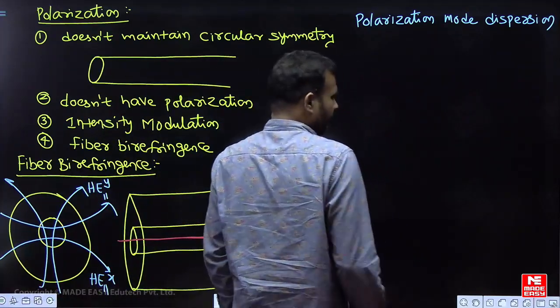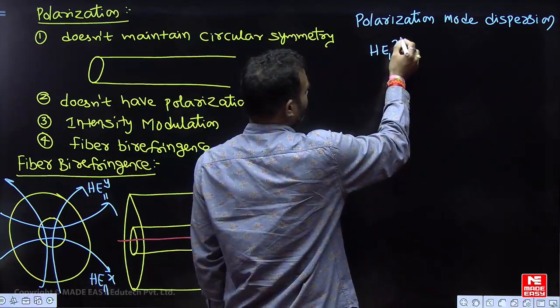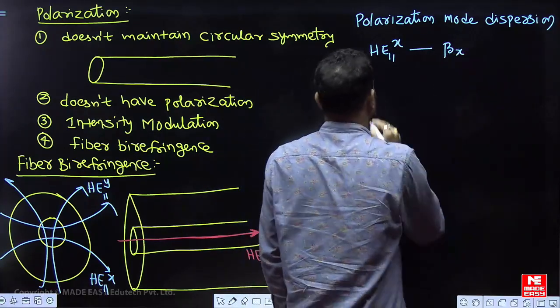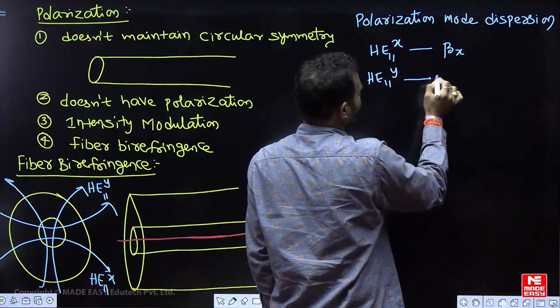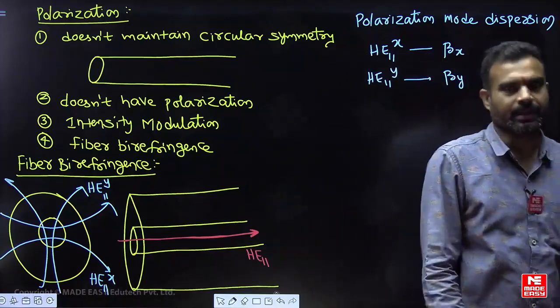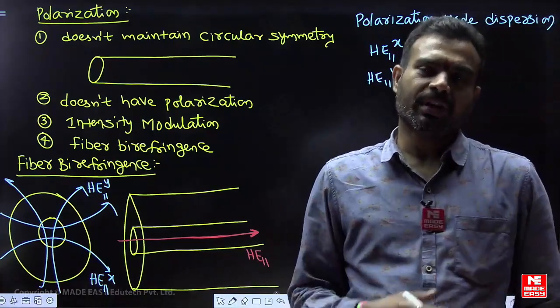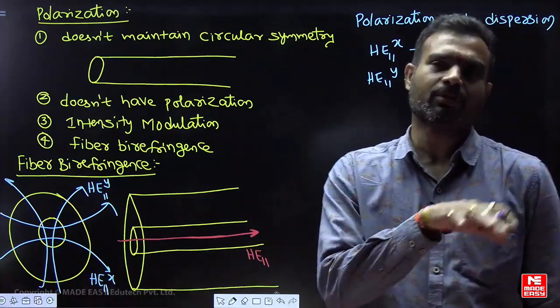When HE11X travels with a different velocity, it has a different propagation constant, beta x. When HE11Y moves with a different velocity, it has a different propagation constant, beta y. Beta x is moving faster, so beta x is the faster mode, and beta y is moving slower, so beta y is called the slower mode.